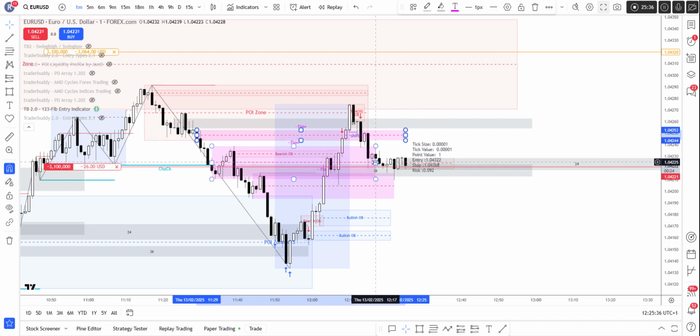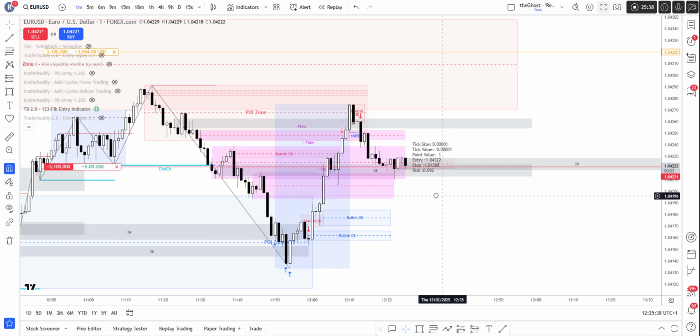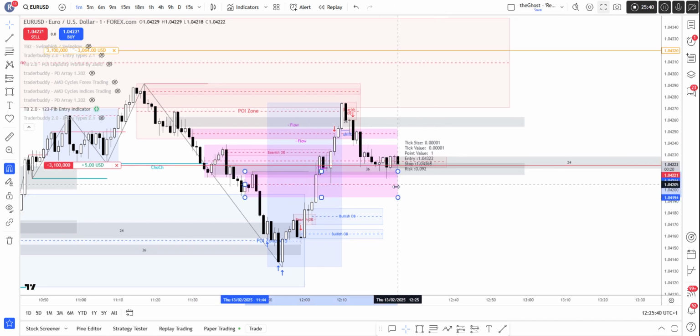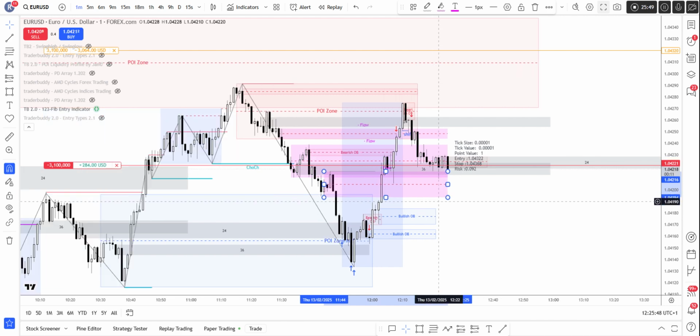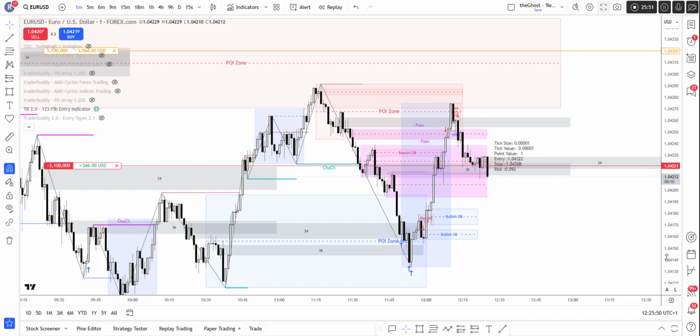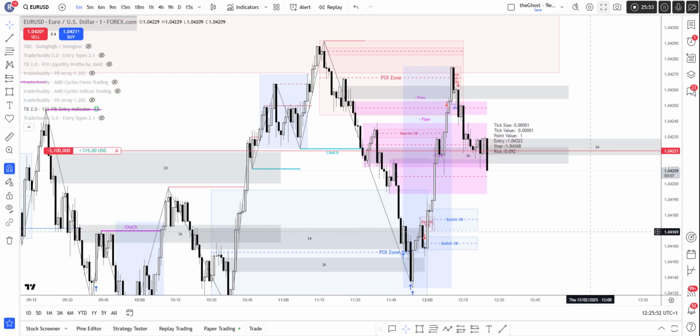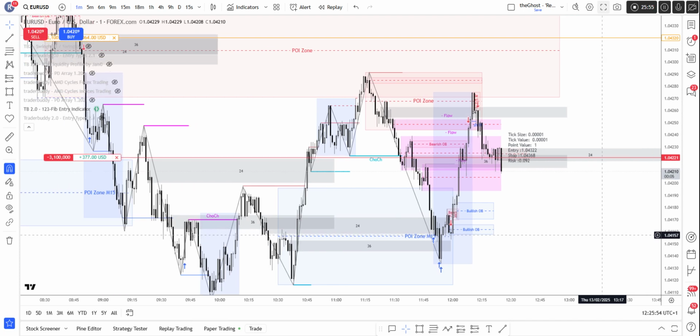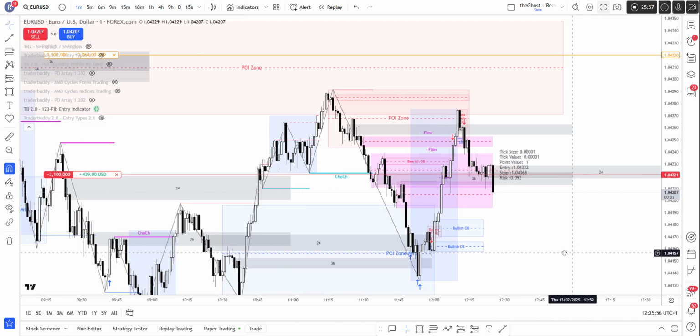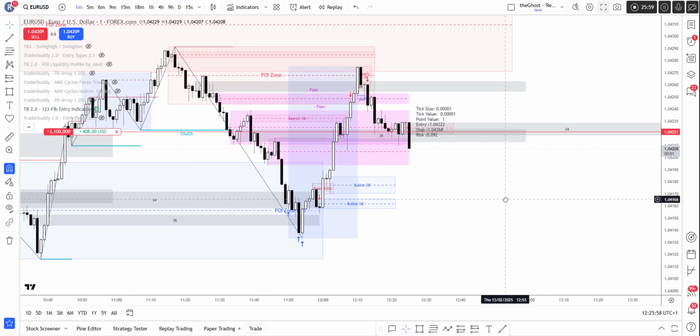They just yank it up and down. So, but what I expect is that we take the low of this one, and that's where I'm gonna take a small partial, just to cover my entries. And here we go.